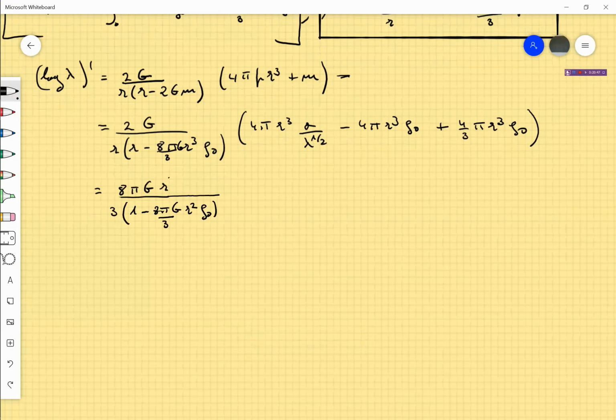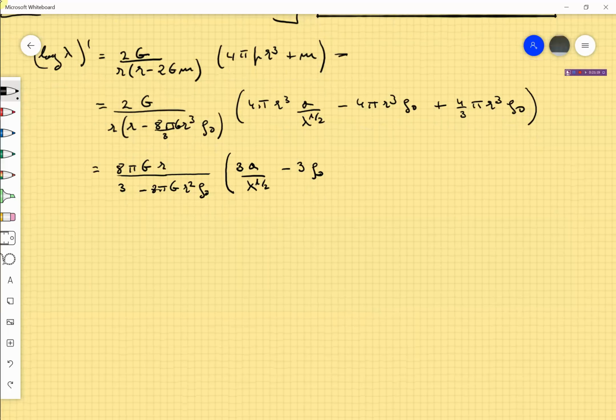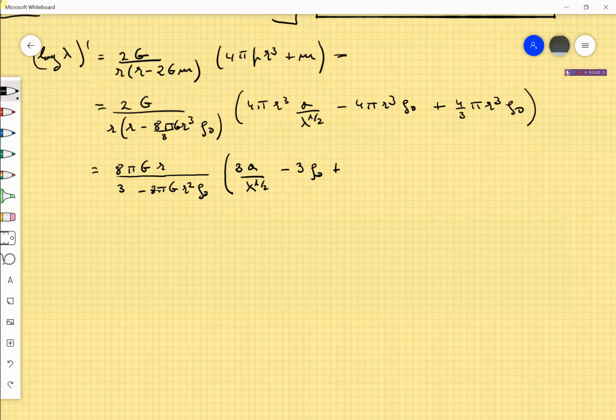Okay, I had r cubed here, but I have divided both by r squared, and I can multiply this by 3, and this becomes 3 times 8 pi g. Okay, and after taking this common factor, you get 3a divided by lambda 1/2 minus 3 rho 0 plus rho 0.